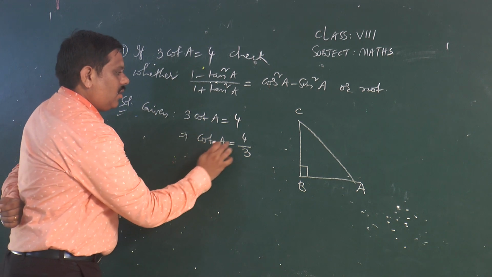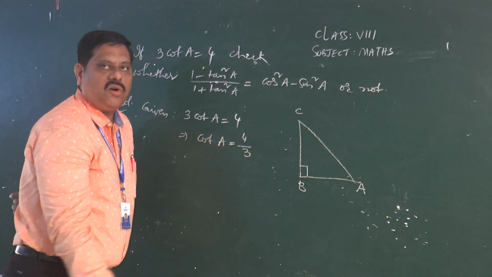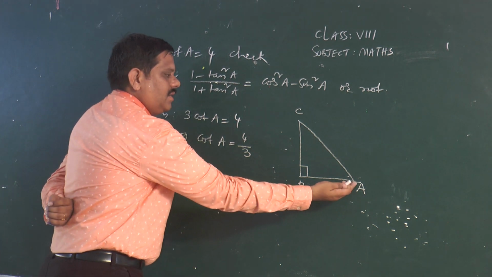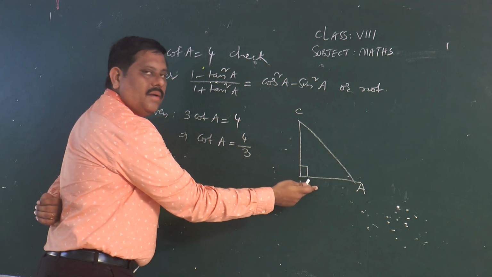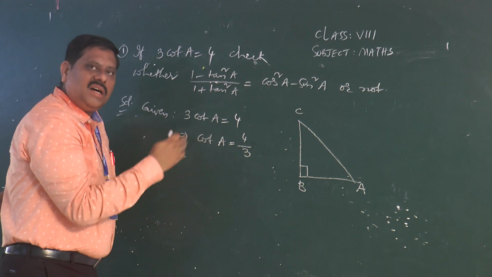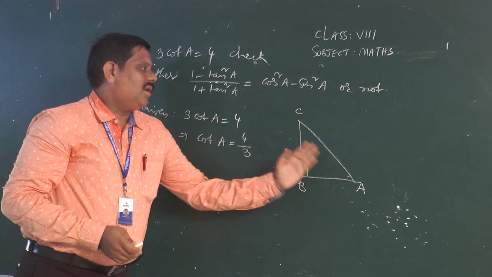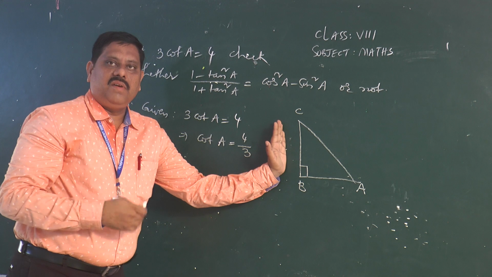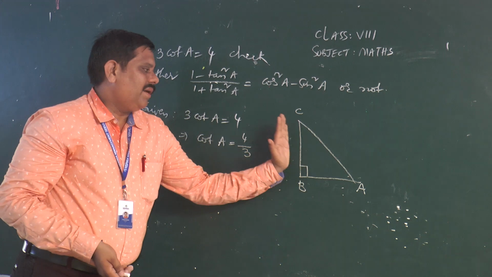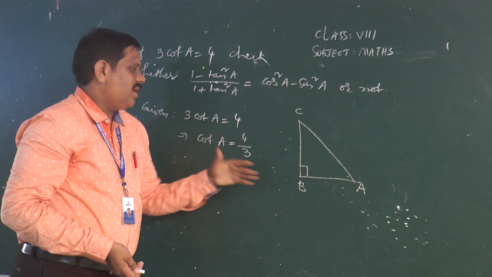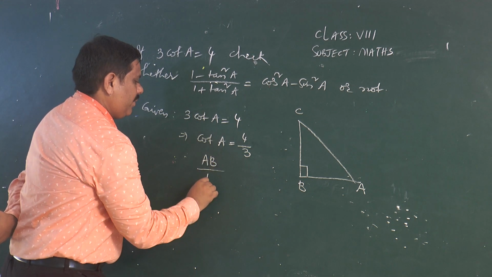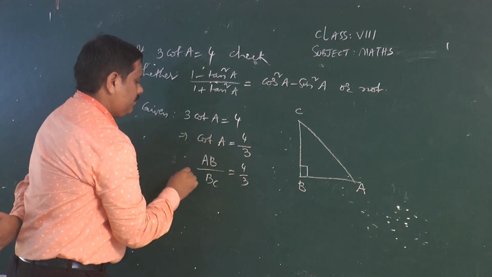Now, as cot A is 4 by 3, according to the definition, cot A is adjacent side to angle A by opposite side to angle A. Otherwise, we say that it is base upon perpendicular. So base is AB here, perpendicular is BC here. So cot A stands for AB by BC, that is equal to 4 upon 3.